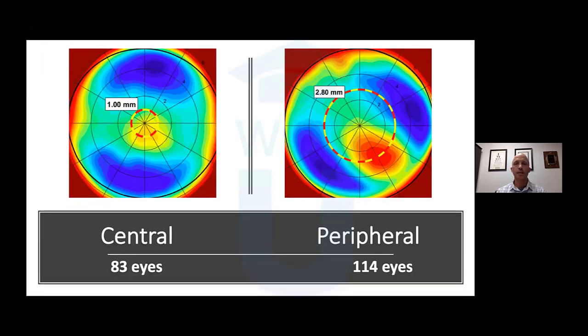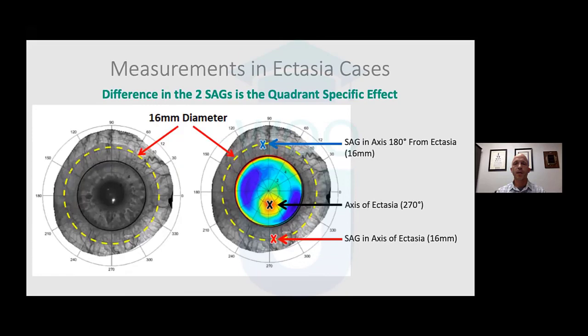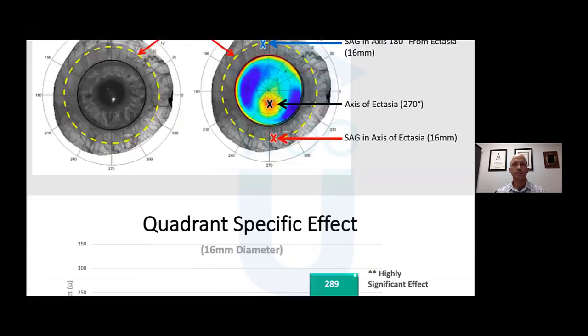We looked at 83 eyes that had central ectasias, or what we would term nipple cones, and then 114 eyes with peripheral ectasias. We were looking to see if there was a relationship between the location of the apex of the cone and scleral asymmetry, which we termed a quadrant-specific effect.